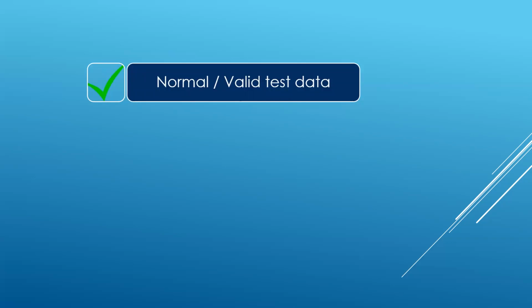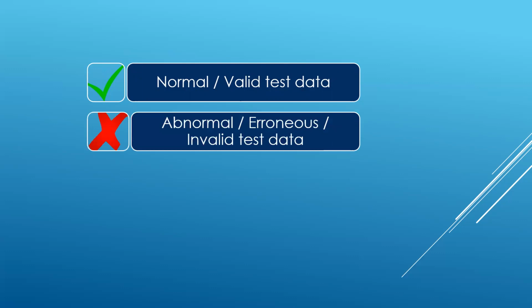Fine. The ones that are in the category, the ones that are in the range, are treated as the normal values or the valid values. Second one, abnormal, erroneous, or invalid. Any of the three terms, if they come in front of you, you should be aware that here we mean something that should be rejected by the program because it is not within the range, that is outside the criteria.